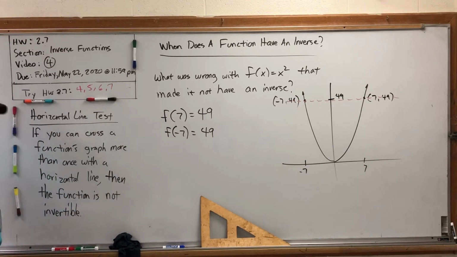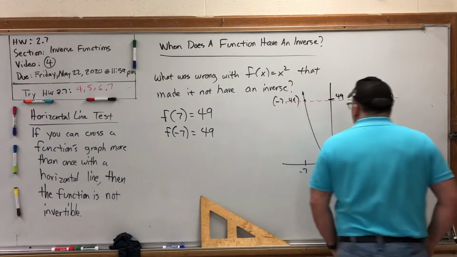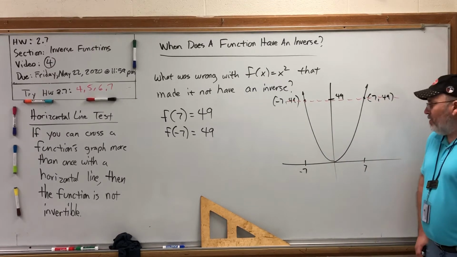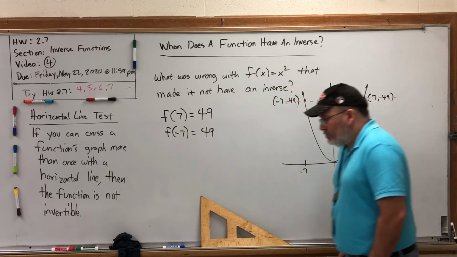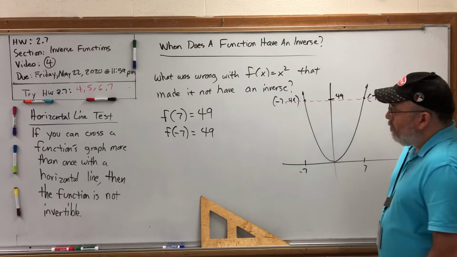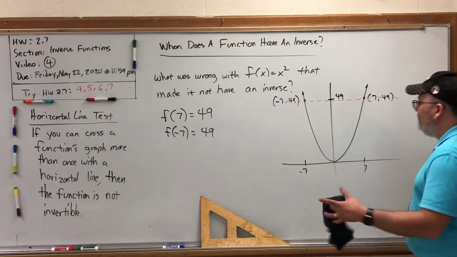So now we've got a real quick visual way to go, yes, you have an inverse, no, you don't. Because the graph of f of x equals x squared fails the horizontal line test, that function never had a chance of having an inverse. The questions in your homework 4, 5, 6, and 7 are just horizontal line test questions, so they're pretty easy.